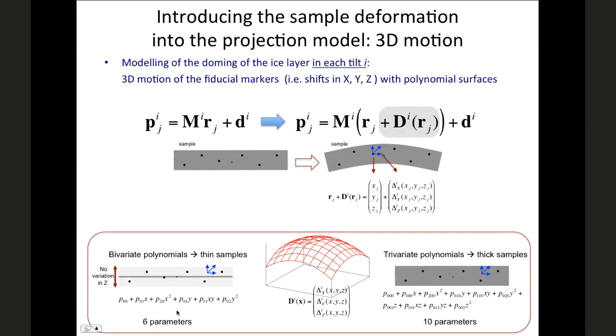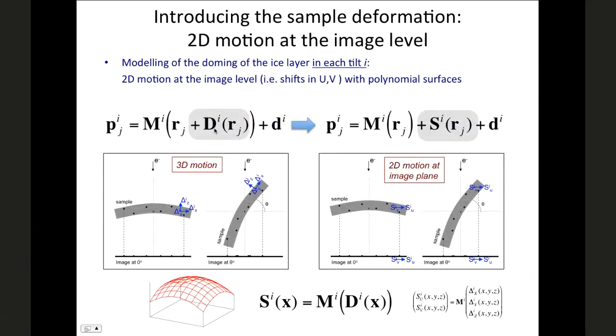And this decision has an impact on the number of parameters. Another thing is this formula can be worked out further by extracting this term. And here in this expression, we are modeling the motion with only two polynomials instead of three. Two polynomials that represent the motion undergone by the sample, but that is observed at the image plane.